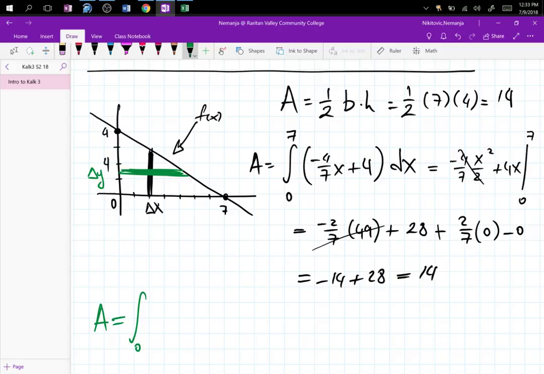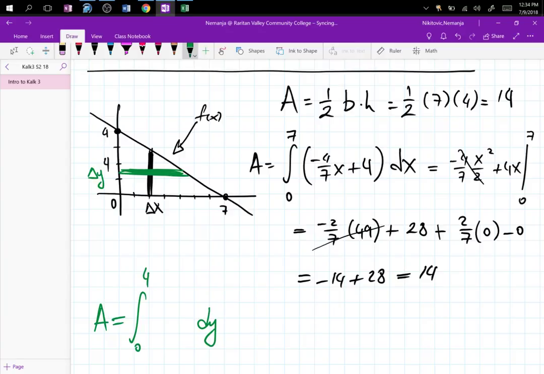Now this is going to be a dy integral, so we need to change our function in terms of y. You can't have the integral with y limits and dy and have the function in terms of x.